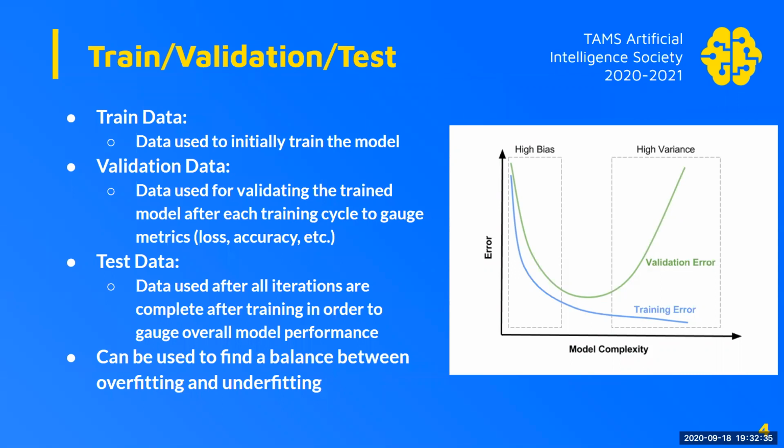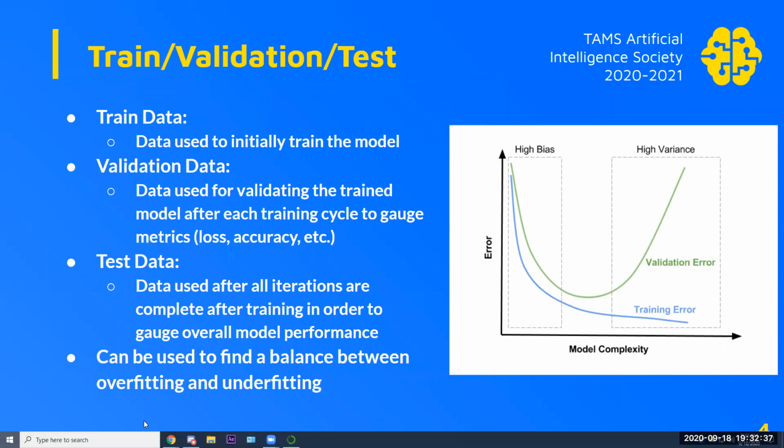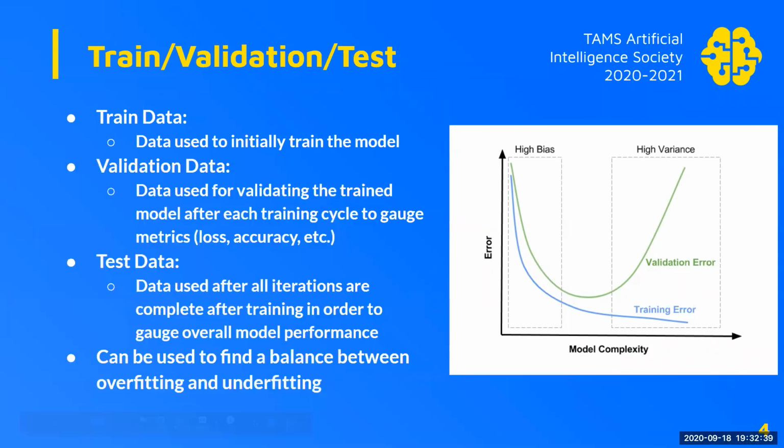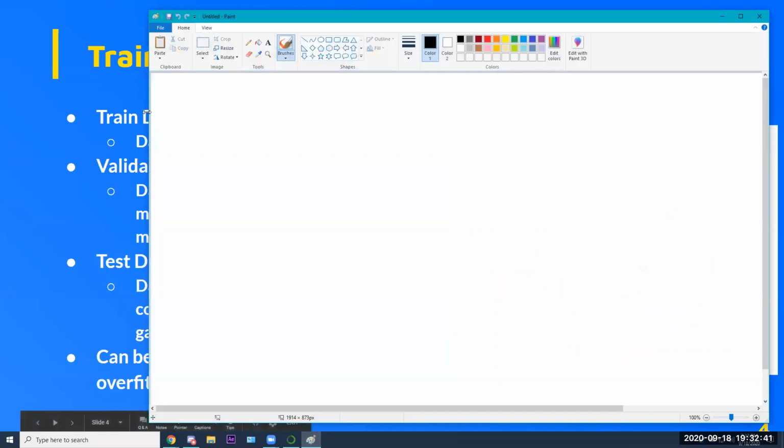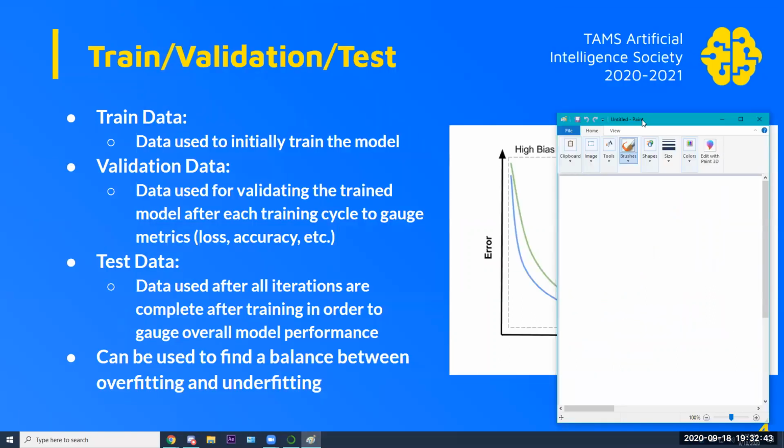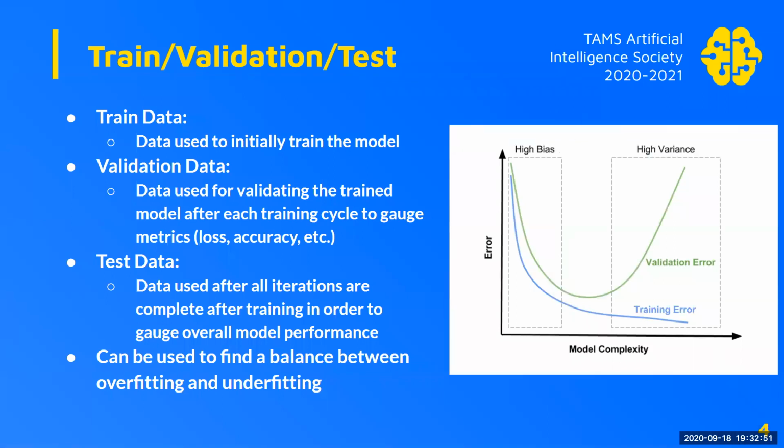Okay. Well, the validation data is just a little branch off of your train data. As you can see in the graph on the right, the error for validation essentially goes back up. That's because your model is only training on the train data.